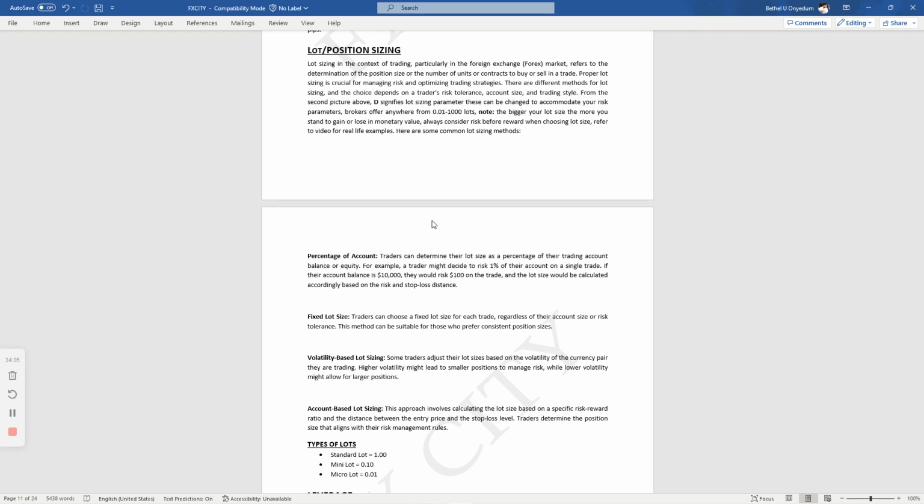So with what I've explained to you now, you know the lot size you can use and the amount of pips you want to risk. If you're risking 10 pips and you have a $10,000 account, you know that you want to risk 1% and your stop loss is 10 pips. So what you're going to use is one lot. So if price stops here, you are going to risk $100.